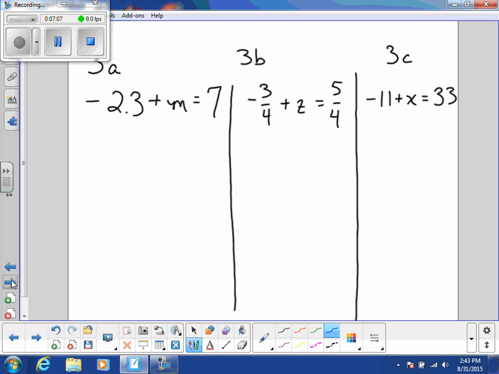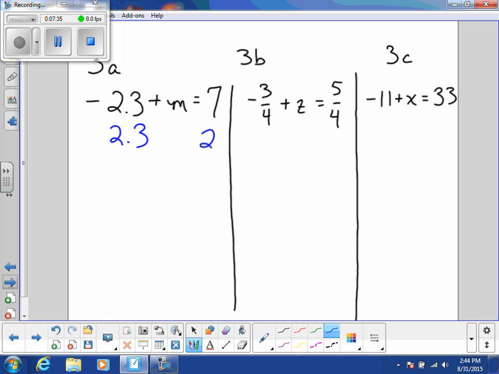We're going to look at one more kind of equation before we stop for the day. I've got negative 2.3 plus m equals 7. Think carefully about this. Negative 2.3 is being added to m. There's two different ways you can look at it. I think this is the easiest. I want this to add up to 0, so I'm just going to say plus 2.3.